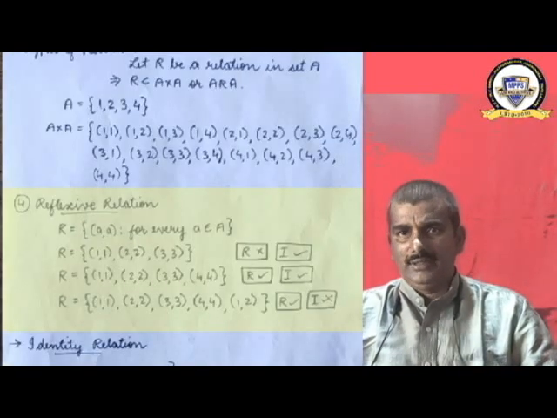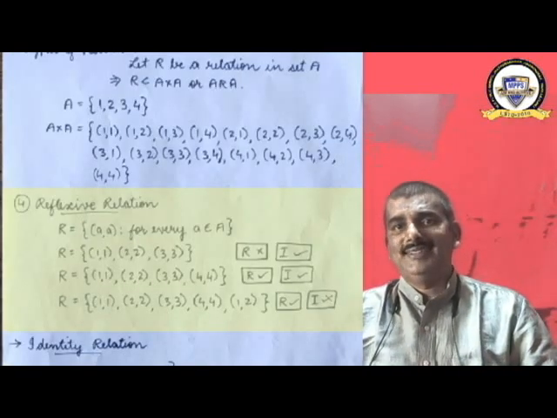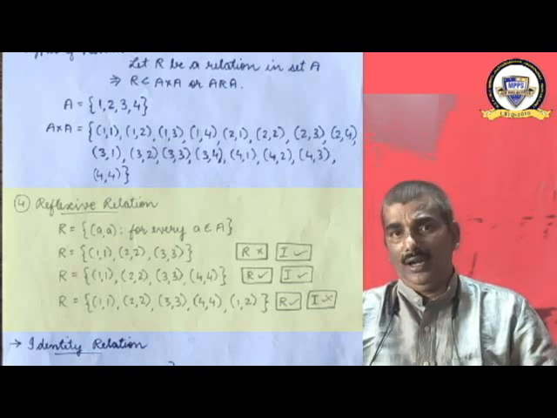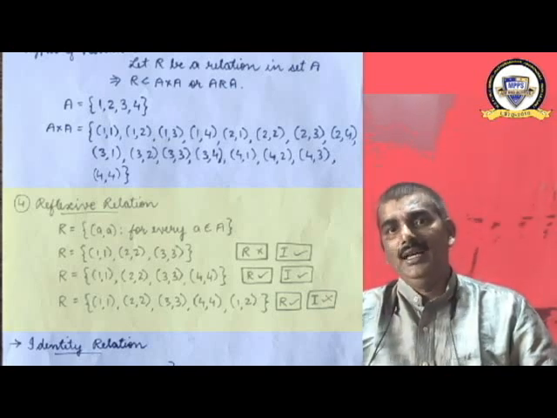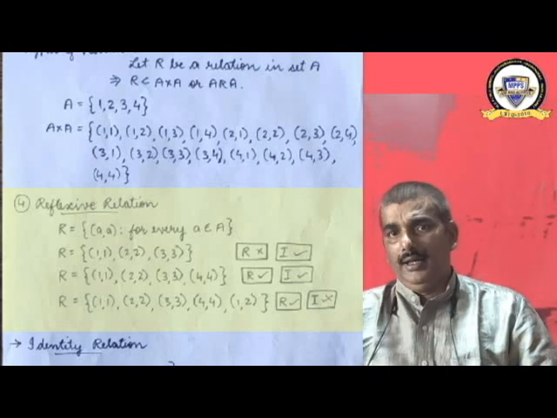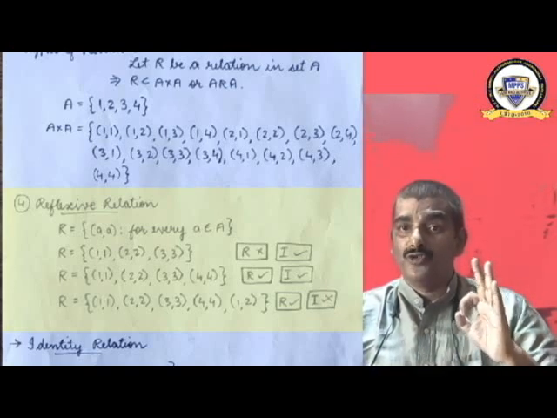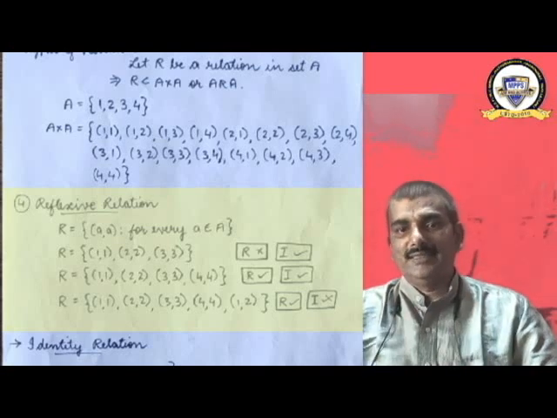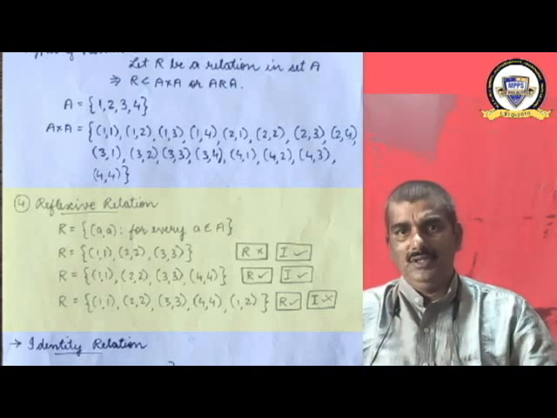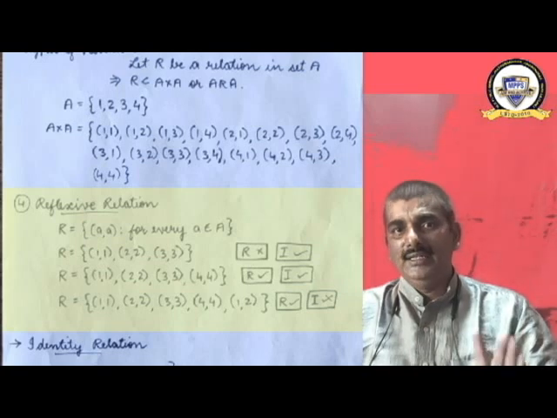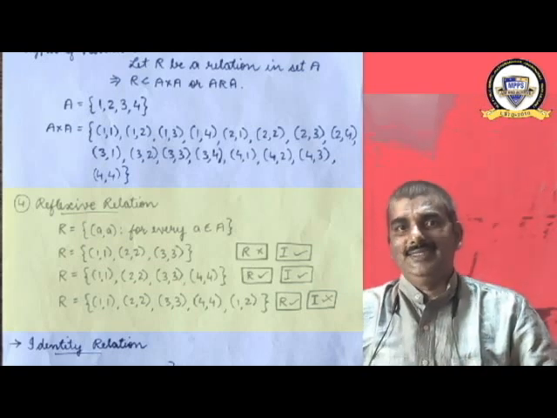Now the next type of relation is the reflexive relation. That is the main important topic which we have to concentrate upon. The three relations are reflexive, symmetric and transitive.